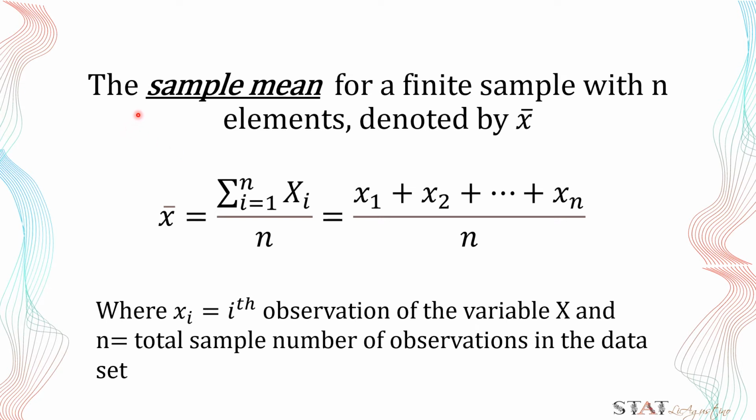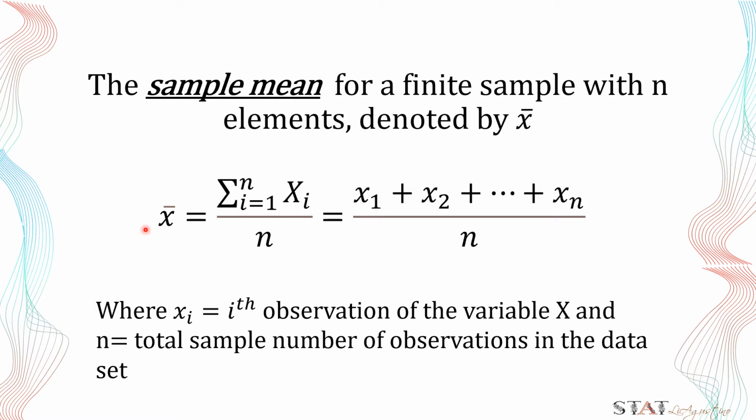Now, what is the sample mean? The sample mean for a finite sample with sample size n, using the sample's elements, is denoted by x bar. So if my data is population data, then I will use mu. And if my data came from a sample, then to get the mean, I will use this x bar to signify that it is the sample mean.